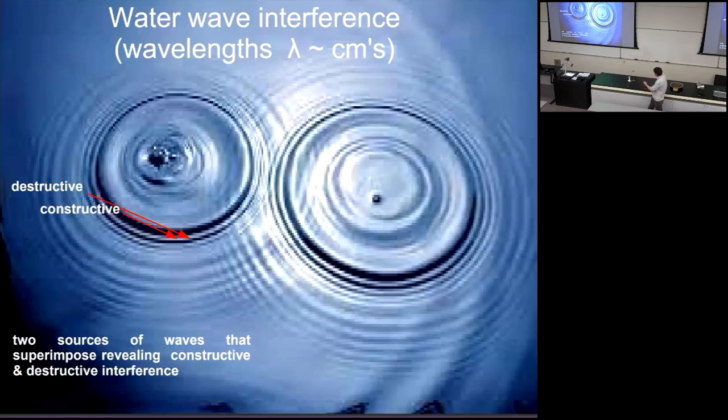So this region here is an illustration of destructive and constructive interference, an illustration of waves being in phase with one another, 0 degrees phase difference, and out of phase with one another, 180 degrees phase difference. All that's going on in this region of overlapping waves here.